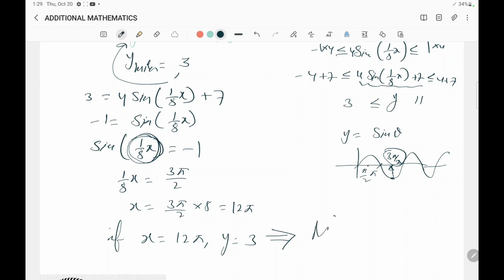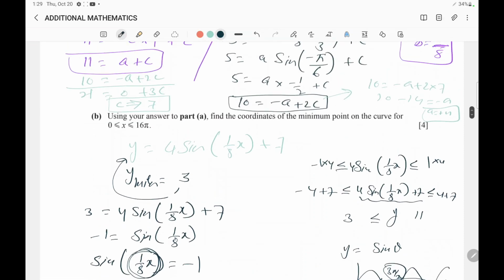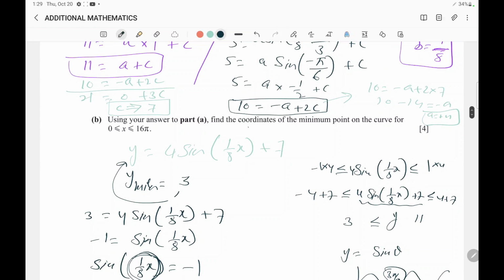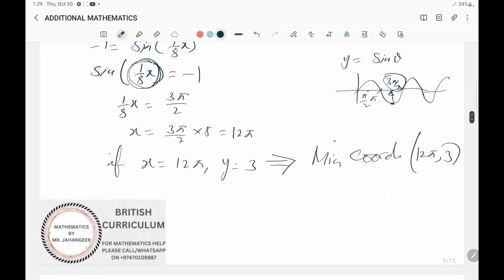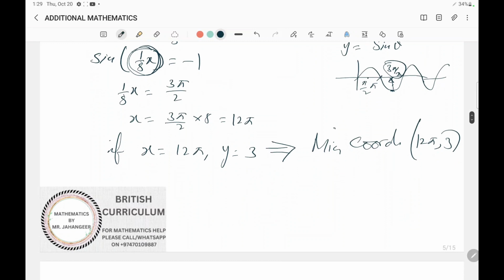So the minimum coordinate, I will say, is 12 pi comma 3. So 12 pi comma 3 will be the minimum coordinate, because we need to find the coordinates of the minimum point. Okay, so 12 pi comma 3.